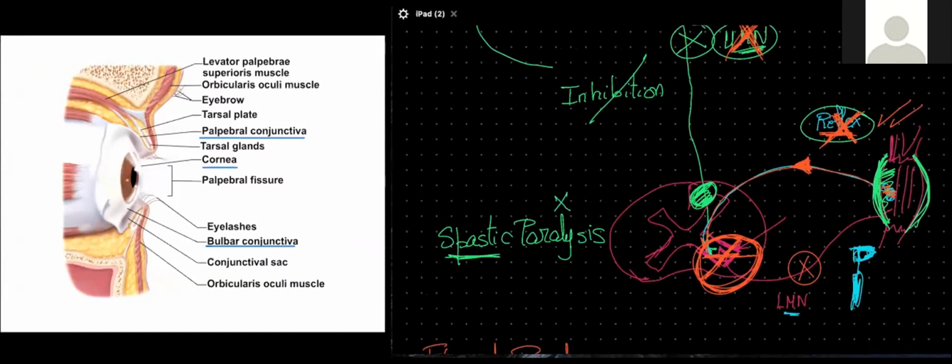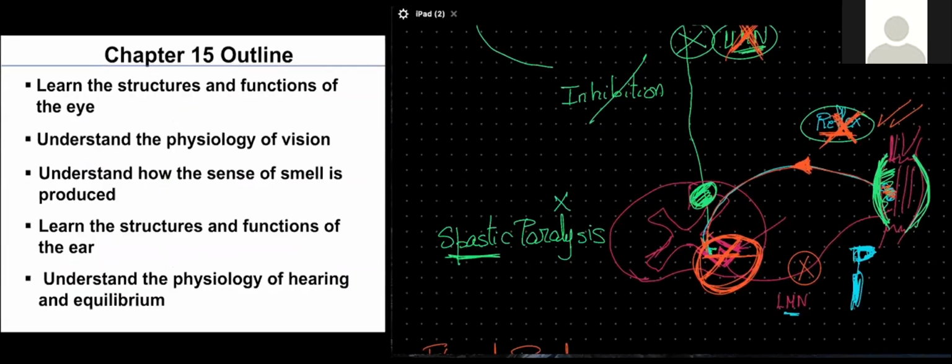All right, welcome back. Today we are starting our discussion of the special senses. We will see the different parts of the eye. We're going to have an understanding of the physiology of vision, how vision takes place.